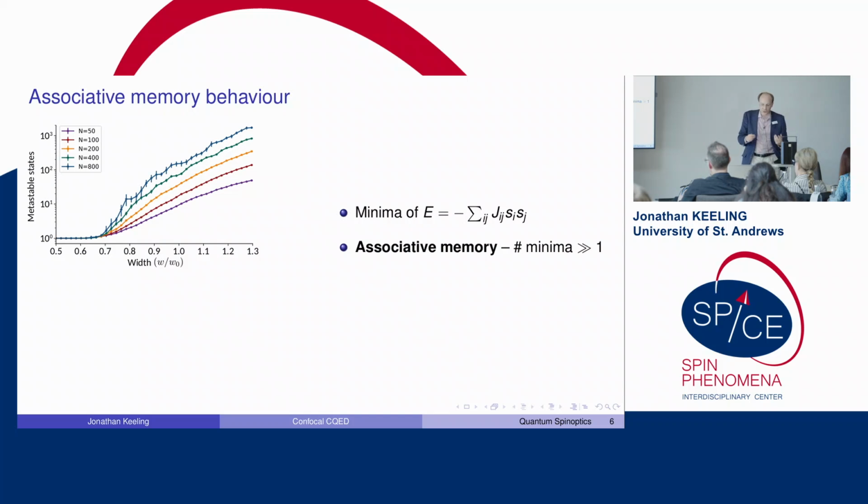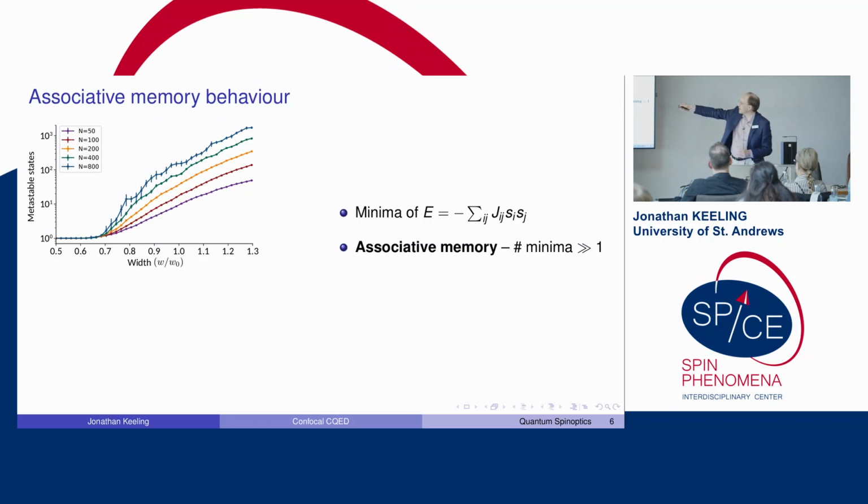And so the question you can start to ask here is, well, with that connectivity matrix, what can I say about the metastable states of this problem? If I minimize the energy, find how many minima there are, what happens as I increase the width of this distribution? And what you're seeing on this picture is that, as you would kind of guess from a previous slide, as you increase this width, you start to get more and more local minima of this connectivity matrix, and so this does start to behave as an associative memory.